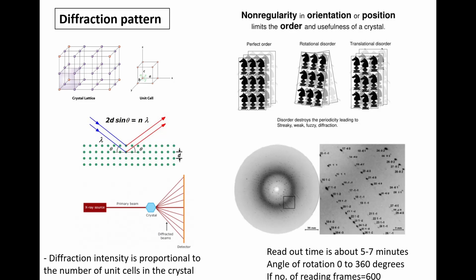I have repeatedly said that your crystal should be ordered. If there are some kinds of defects in your crystal, and you use that crystal for getting the three-dimensional structure, you will end up with erroneous or fuzzy data. The resolution will not be that good.